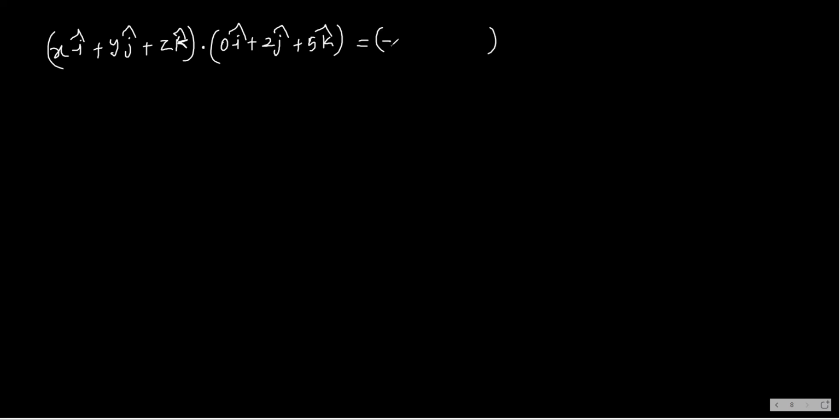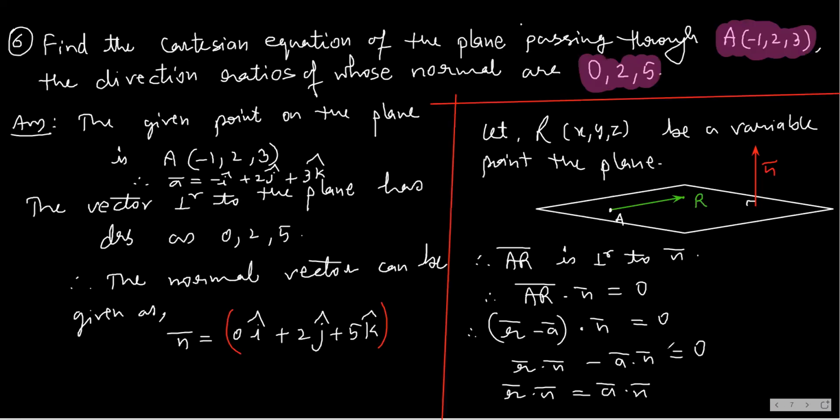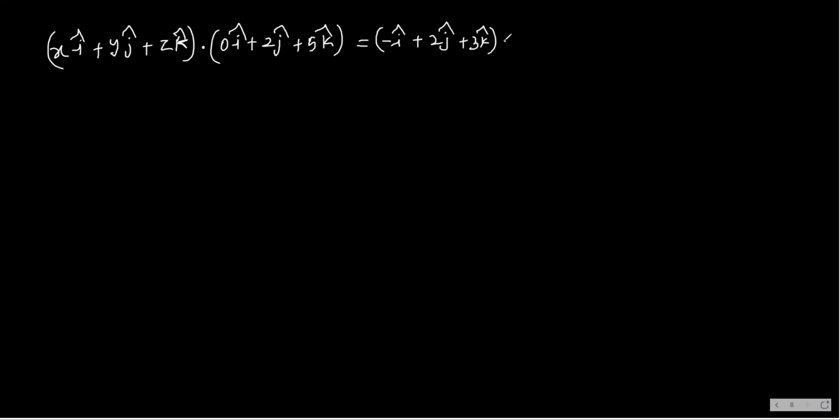A bar is minus I cap plus 2J cap plus 3K cap, and n bar is 0I cap plus 2J cap plus 5K cap.